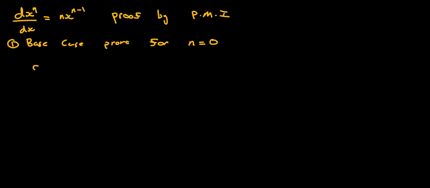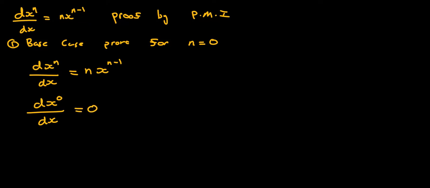So let's do that then. So we've got d x to the n over dx is equal to n x to the n minus 1. So if we insert a 0 there, the derivative of x to the 0, which is just a constant, is just 0.